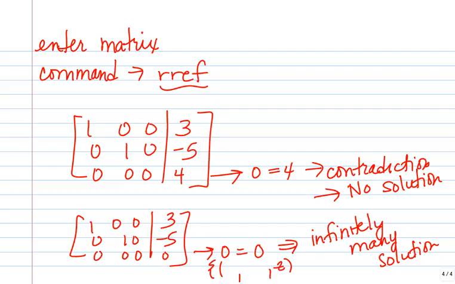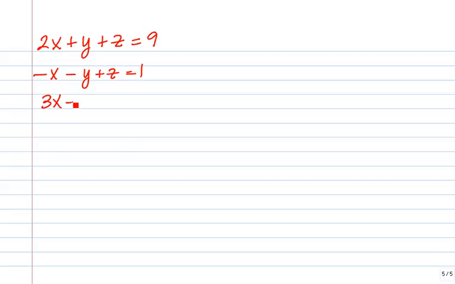So let's just make sure you know how to convert it to an augmented matrix. If you have the system 2x plus y plus z is equal to 9, and negative x minus y plus z is equal to 1, and 3x minus y plus z is equal to 9. So what would be the augmented matrix that we would need to enter on the calculator? Our first row is the coefficients 2, 1, 1, 9.